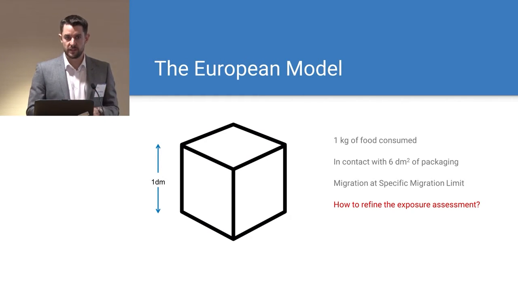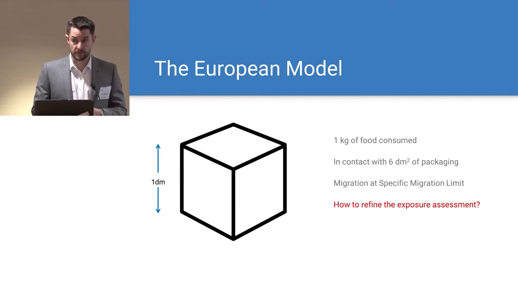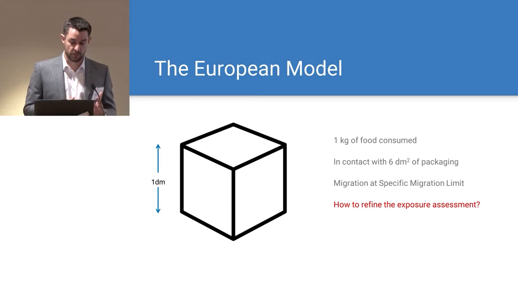And it's usually a 60 kilo adult that's assumed to be the consumer body weight. So you can estimate your consumer exposure using this model. So you have a one-to-one correspondence with this, because it's 1 kilo, and usually the specific migration limit is measured in milligrams per kilo. You have a one-to-one correspondence with your exposure and your specific migration limit.